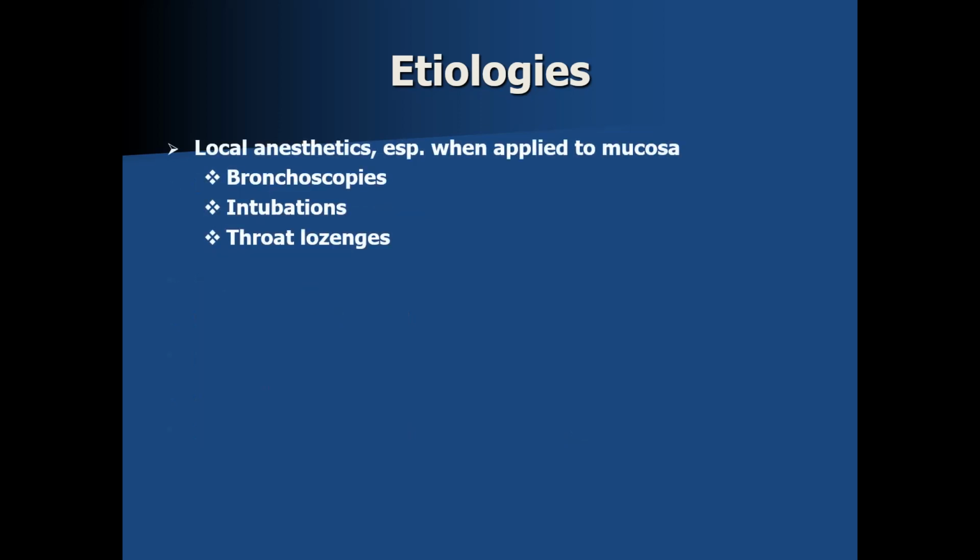Of particular concern to respiratory care practitioners is iatrogenic methemoglobinemia, and that is because we are usually on the spot when this occurs. Iatrogenic methemoglobinemia usually occurs due to the application of local anesthetics, especially when applied to the mucosa.